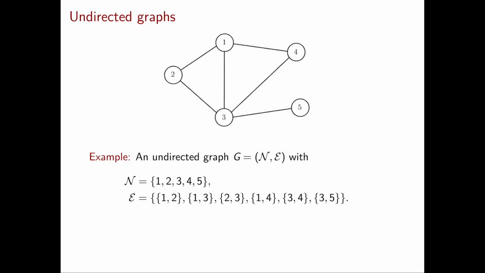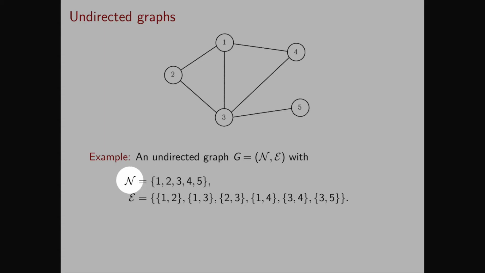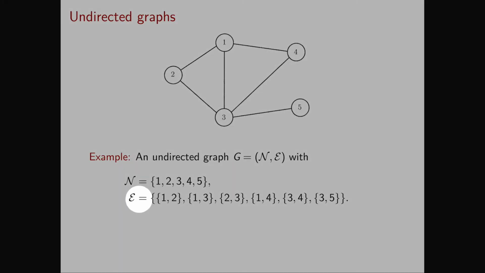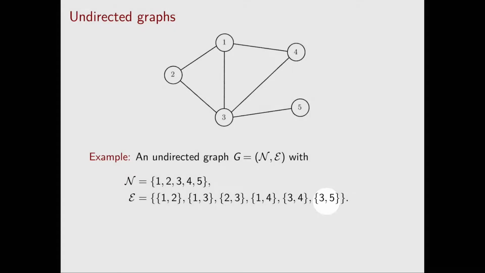Now that we have formally defined a graph, we can formally write down the graph in our example. The set of nodes is the set containing 1, 2, 3, 4, and 5, and the set of edges is the set that contains the set {1, 2}, which is visualized by this link between 1 and 2. Then we have the sets {1, 3}, {2, 3}, {1, 4}, {3, 4}, and {3, 5}.